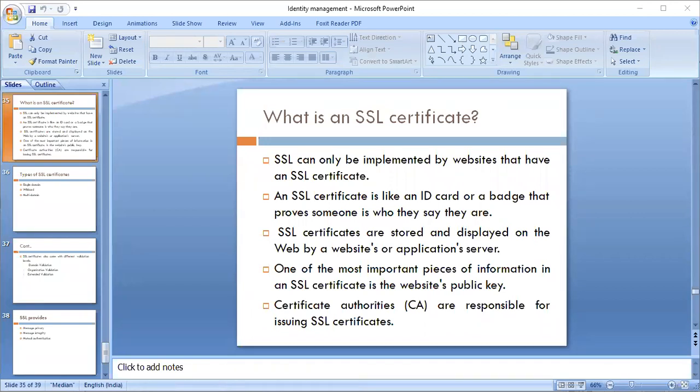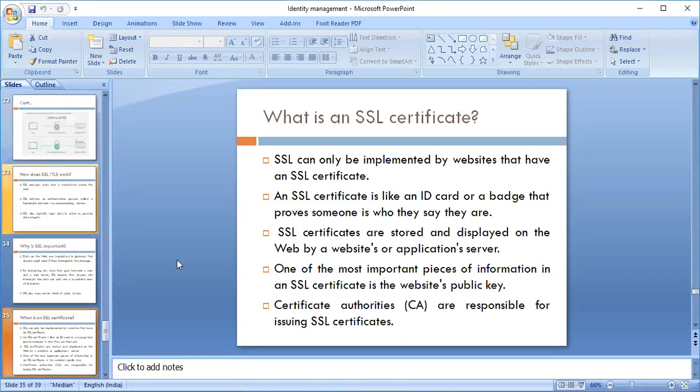It is just privately used to decrypt, and the private key decrypts data that is encrypted with the public key. Certificate authorities are responsible for issuing SSL certificates, which are later used to authenticate one's identity. So basically, this is what an SSL certificate is and how they are being used.